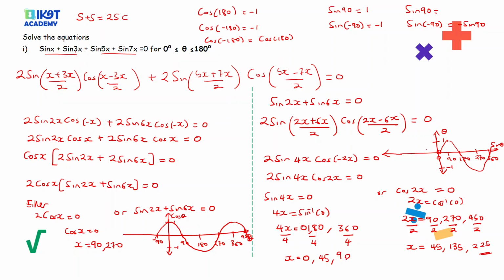So the values of x for this question, you just have to rewrite: x is 0, 45, 90, and 135, and these are the values of x. You can even try to prove by substituting here and you're going to get the same answer.